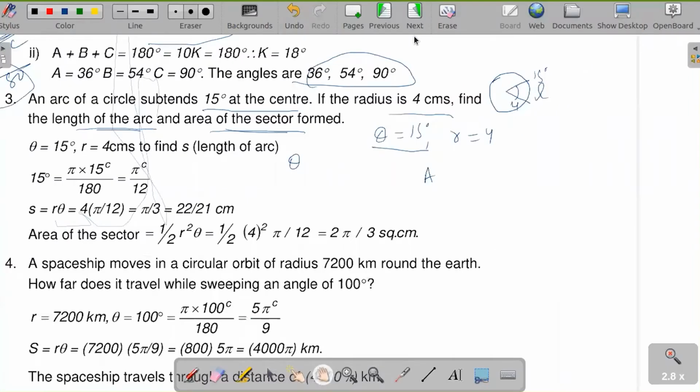We got theta is equal to 15, r is equal to 4. For arc length, we need to convert this into radians. For radians, we need pi by 180 multiplied by this angle, and this will be pi by 12 radian. So theta is actually this. Now we can calculate our L, that is arc length.